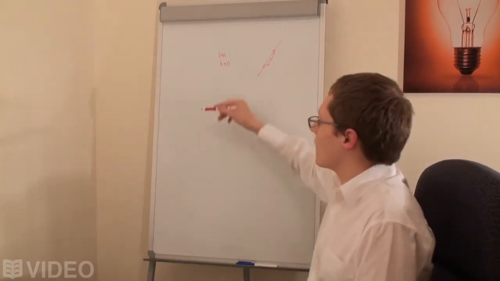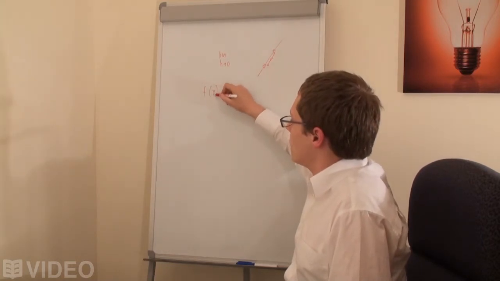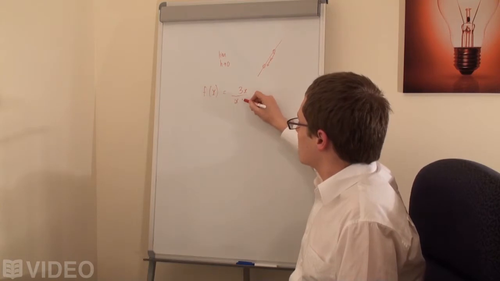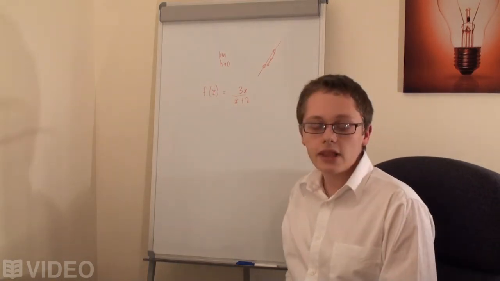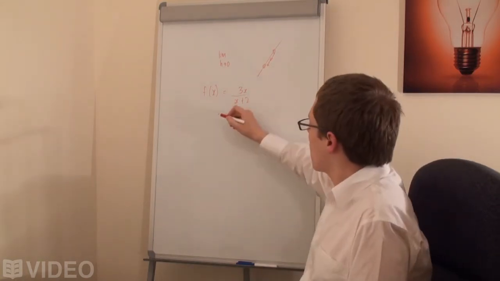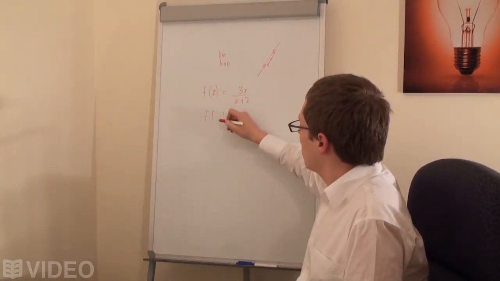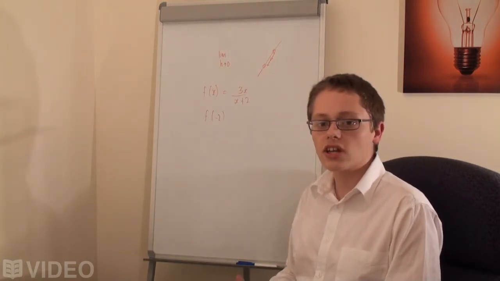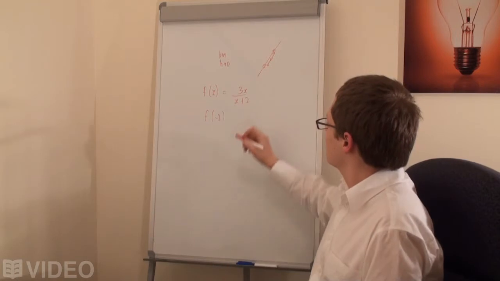Well, say I have the function f of x equals 3 on x plus 2, and I wanted to actually find f of negative 2. Well, guess what? Unfortunately, I cannot.